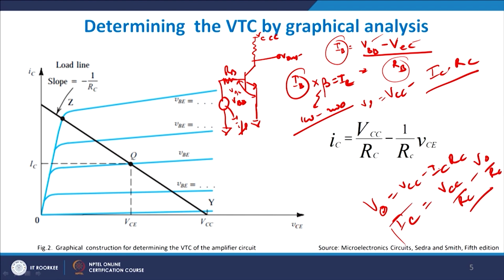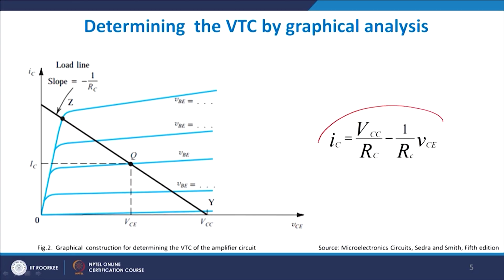So, I get IC like this, which means that if you look very carefully, I can safely say that the collector current depends on VCC by RC and on minus 1 by RC times V0. If you compare this with y equals mx plus c, m is basically your 1 by RC, with the negative sign because the slope is negative.